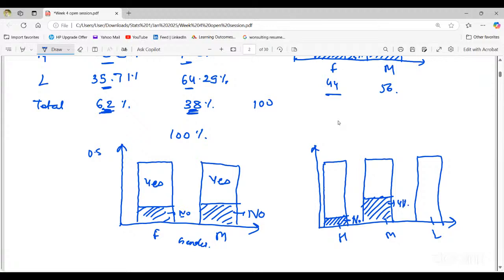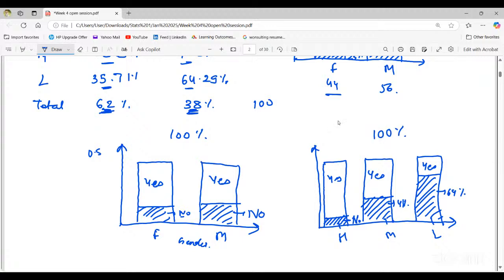I'm just drawing it in general. Then for the low income, we have 64%, so it is somewhere here. So this is the yes segment. If you see, this is a 100% stacked bar chart.